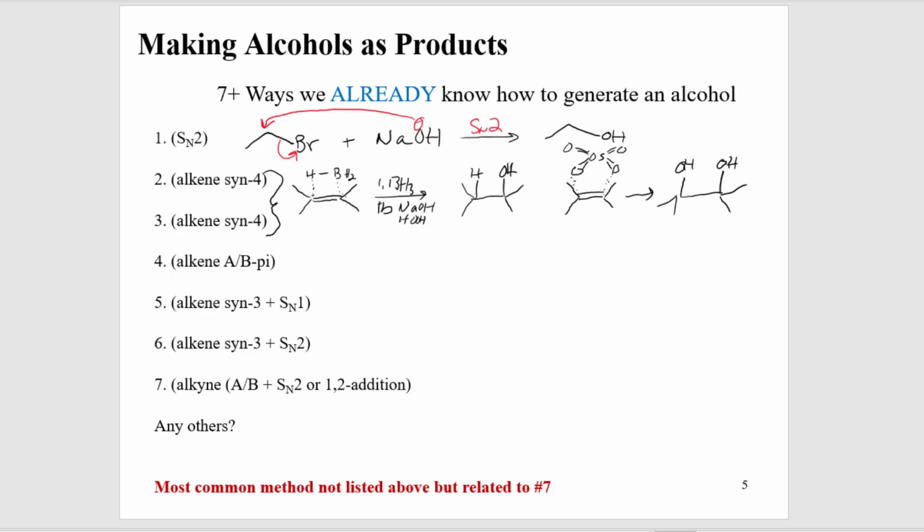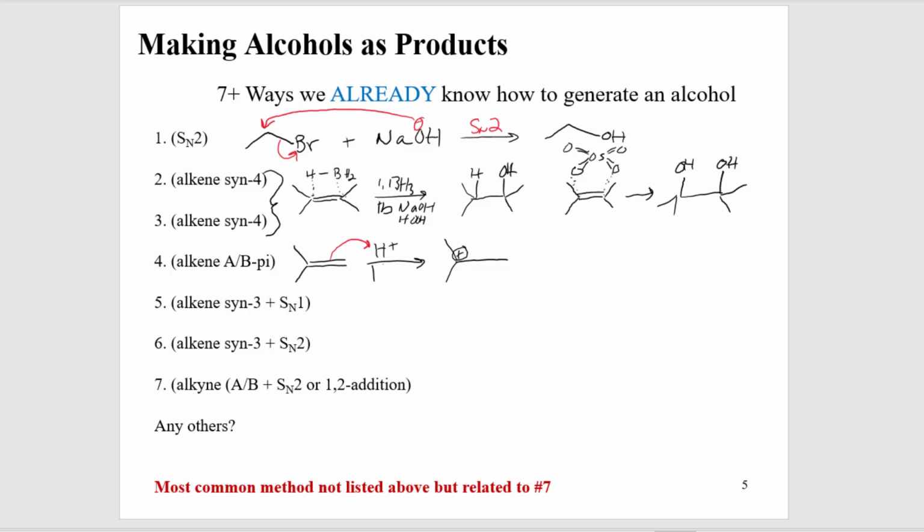We have also looked at hydration from an alkene using pi-base chemistry, where you add a strong acid. It opens up in a Markovnikov direction, meaning it puts the carbocation at the more stable position and the hydrogen goes at the other side.